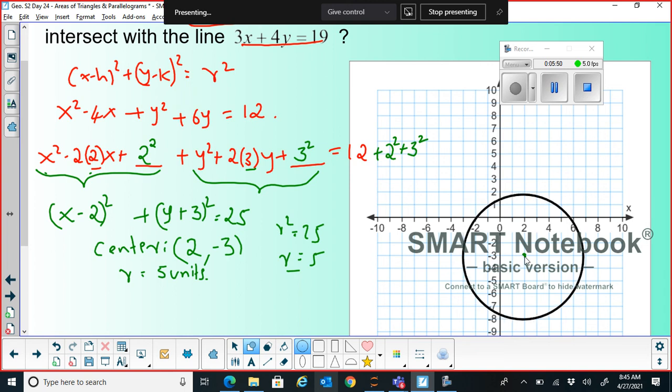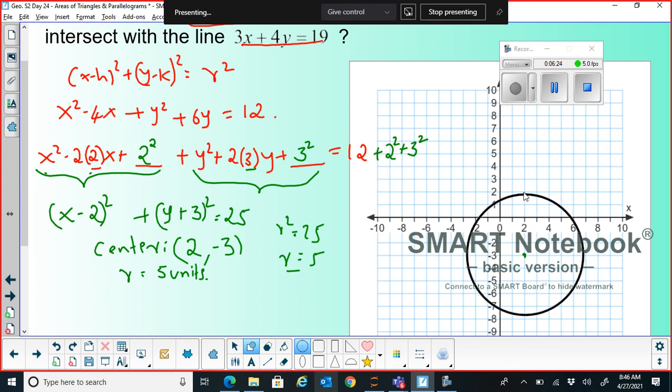It's off by a little bit, but still you should be able to make out it's close enough. Or I can do Control Z. It has to touch till here.